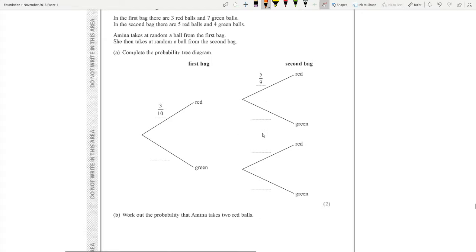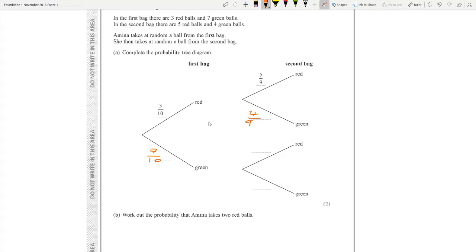Complete the tree diagram. Well, if 3 out of 10 are red, then green is 7 out of 10. In the second bag, 5 ninths. Remember, probability of 2 things has to add up to 1. So if that's 5 ninths, this is going to be 4 ninths.